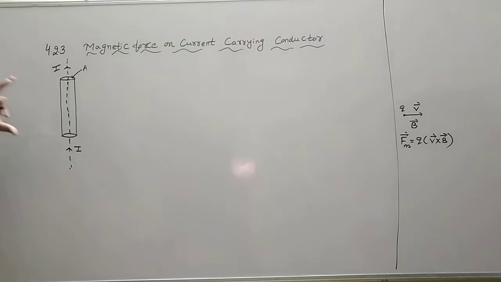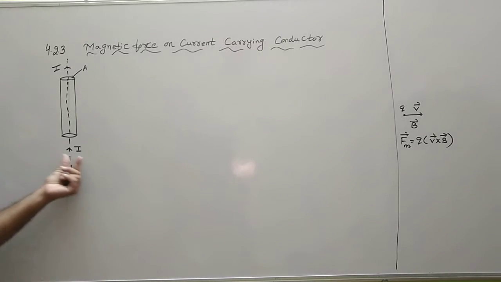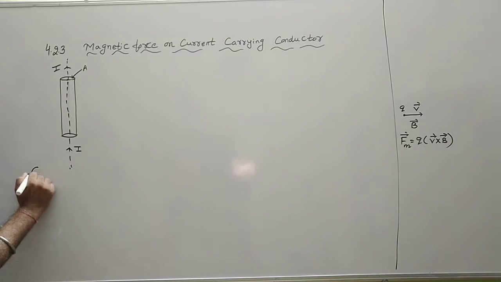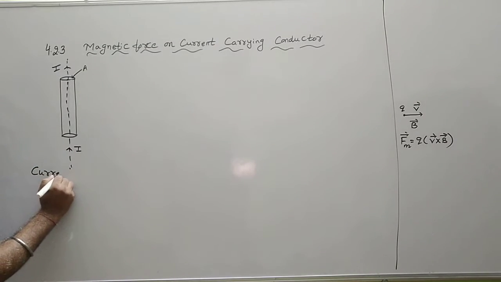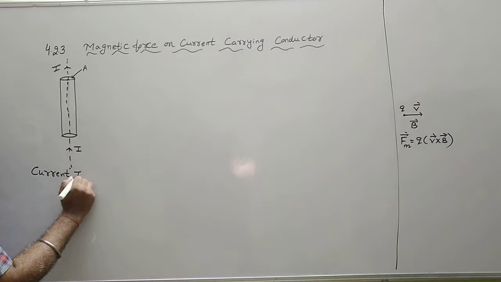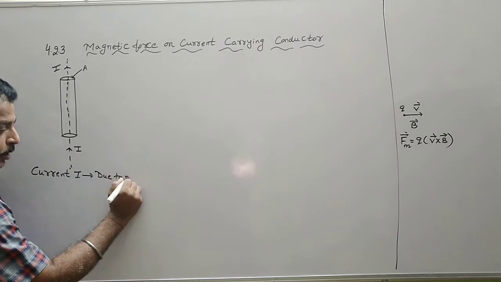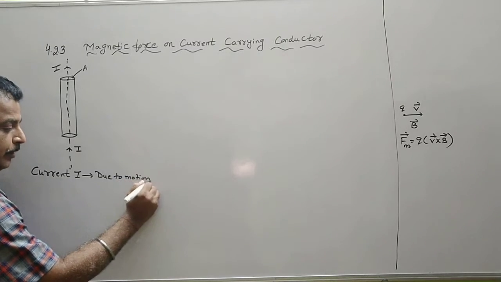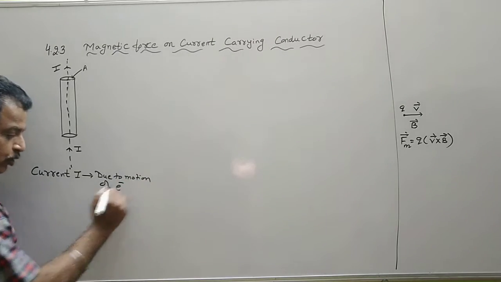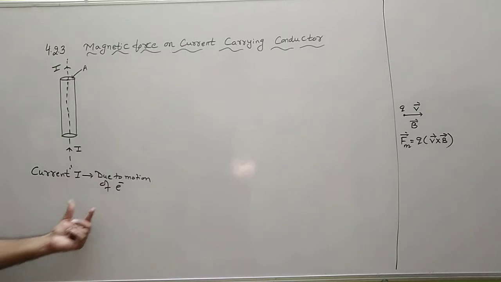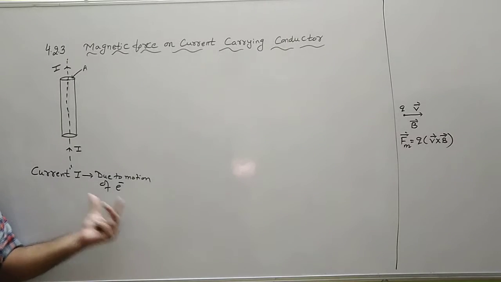Now we know that in the third chapter the current is due to the motion of electrons. So current I is produced due to the motion of electrons. So electrons are the mobile charge carriers.